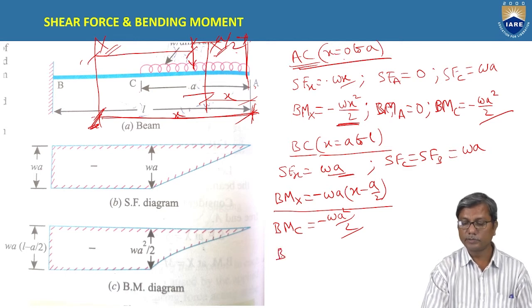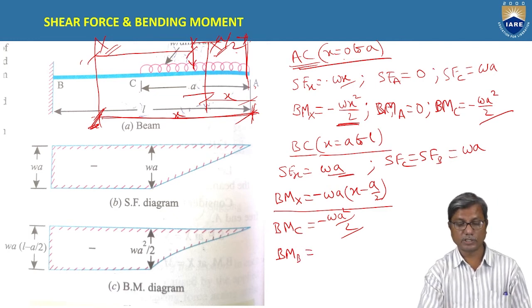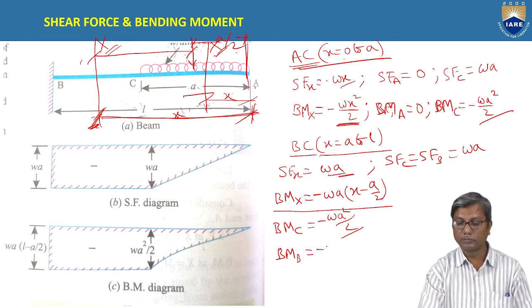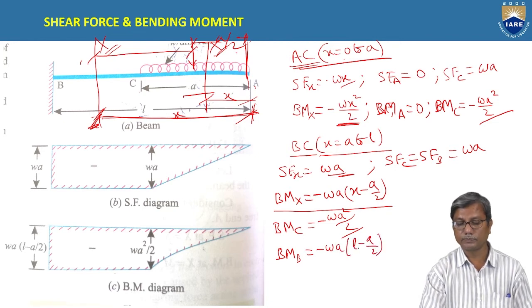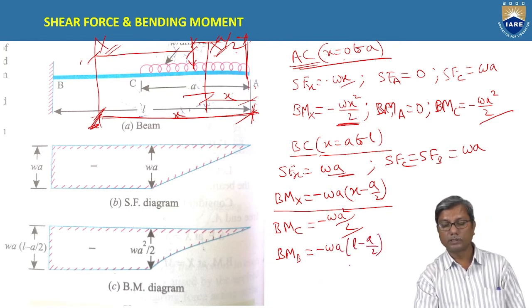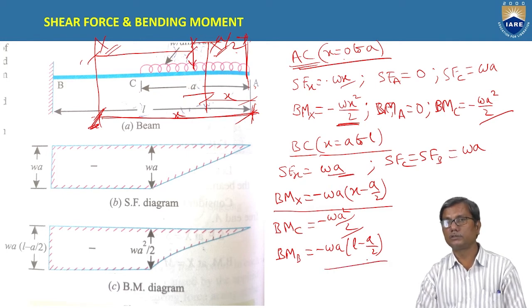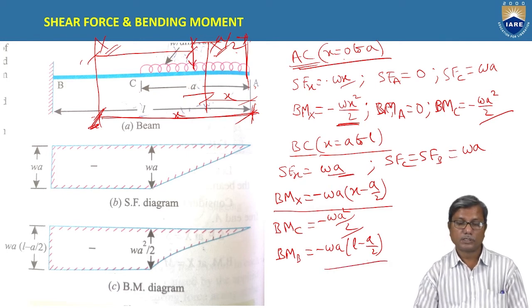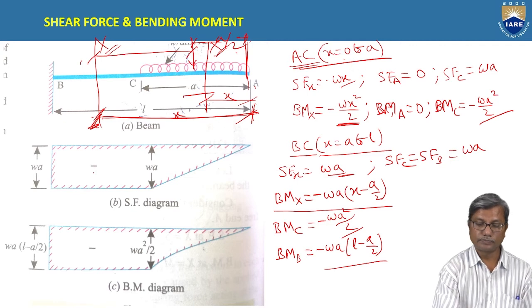Coming to the bending moment at B, that is at x equal to L, it is minus WA into L minus A by 2. This we will keep as it is. Now you plot the diagram.